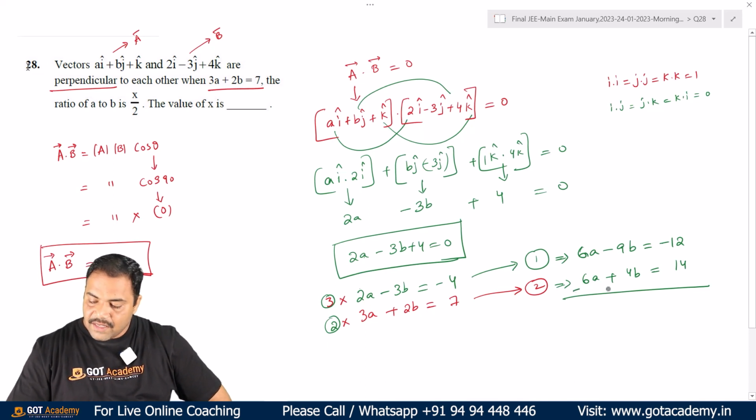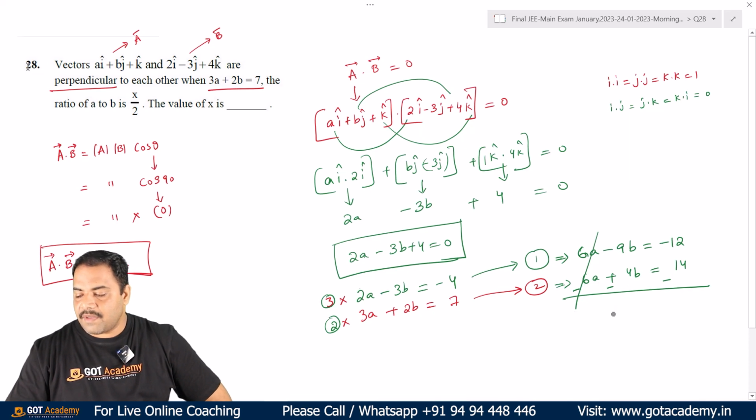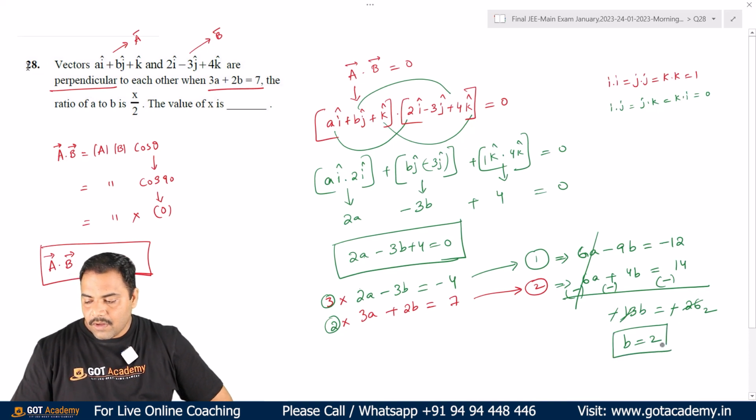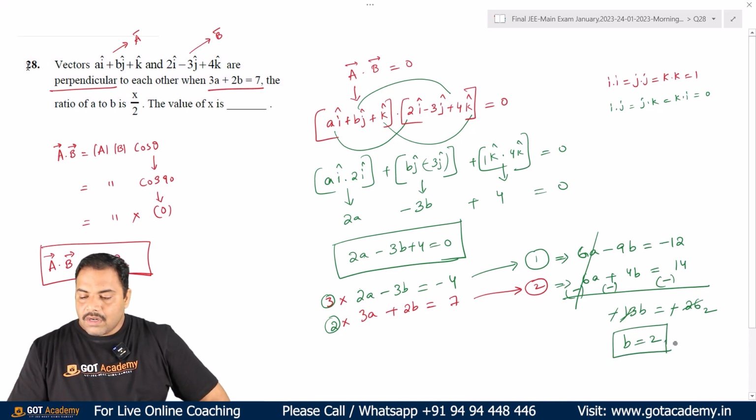The 6a terms will cancel. Minus 9b minus 4b is minus 13b. Minus 12 minus 14 is minus 26. The minus signs both cancel. So 13 twos are 26, so b is equal to 2.